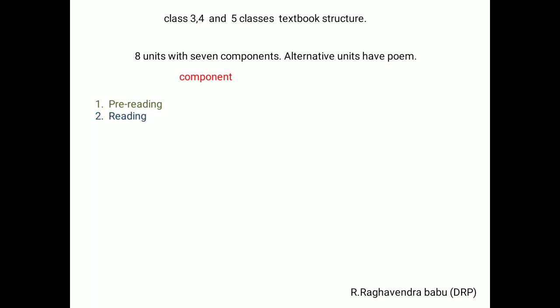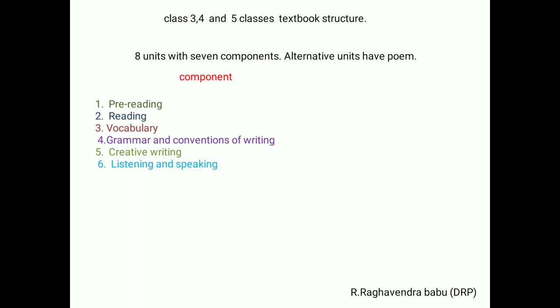Number 2 is reading, that is the actual reading text. Next, vocabulary is printed. Then grammar and conventions of writing, which is also given in the textbook, and creative writing. Next is listening and speaking.